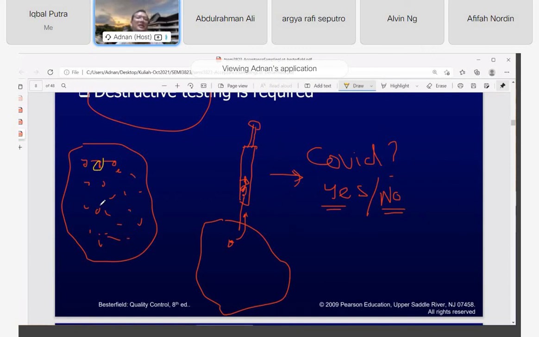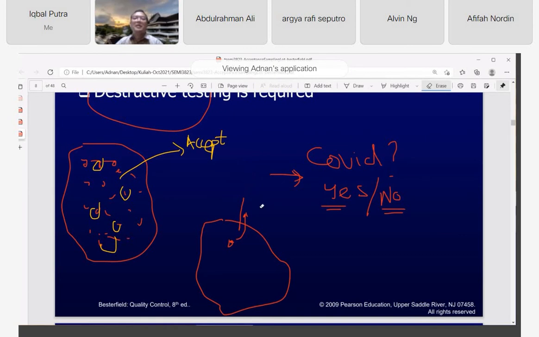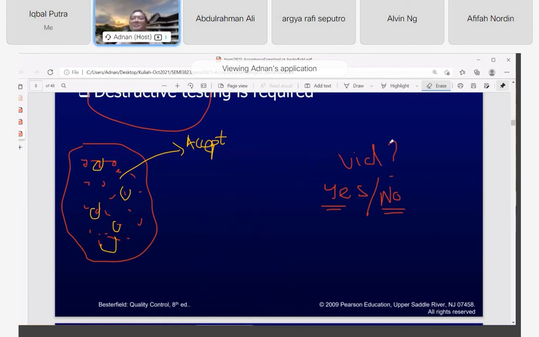You take a sample here, here, and there, and you decide: accept or reject, based on the sample. Same analogy. We don't test 100% of the blood in the whole body, we take only a few drops. Same also in production. You take a sample and you decide.